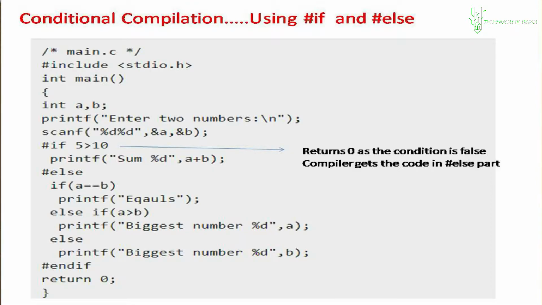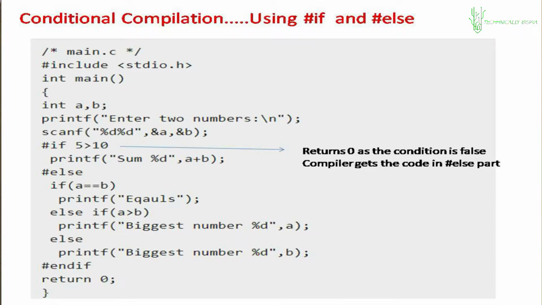Then look at that condition, #if 5 greater than 10. Now, directly checking 5 greater than 10 inside a program is not possible, you can't do that. But here it is possible. Both are constants. It will check. 5 greater than 10 will return what? False.